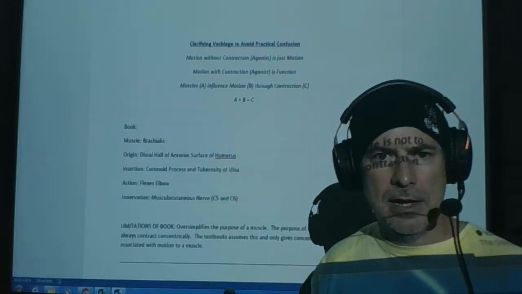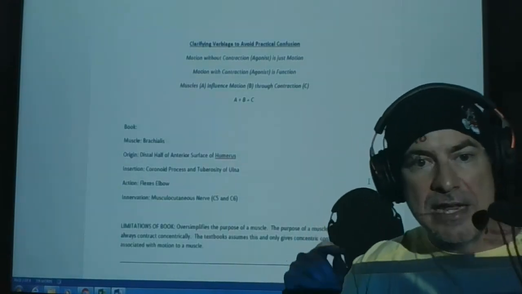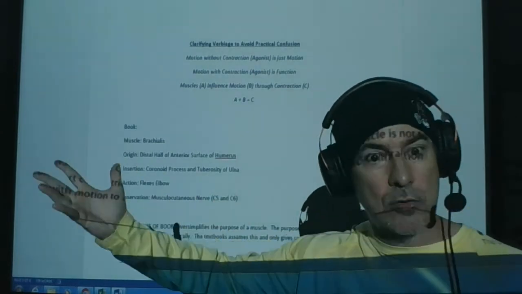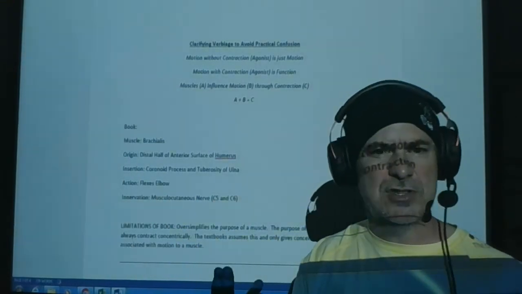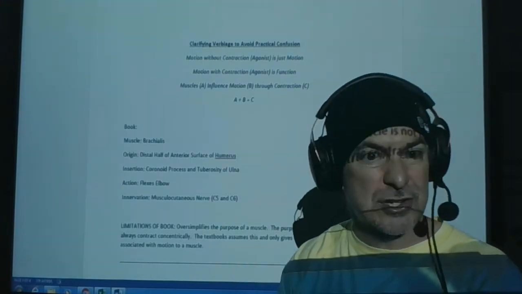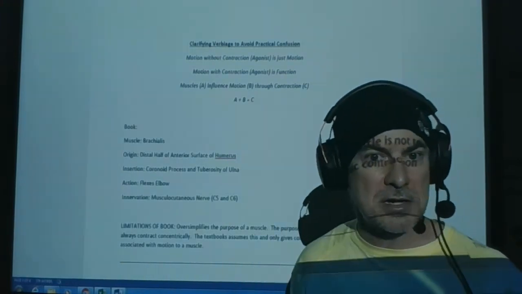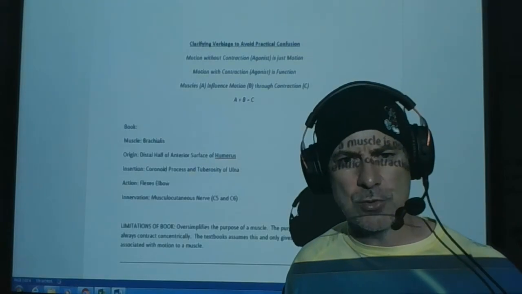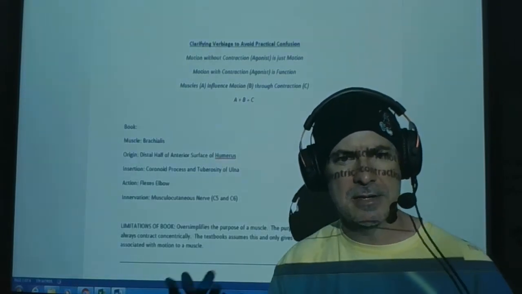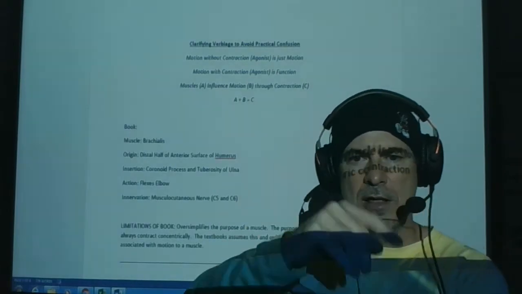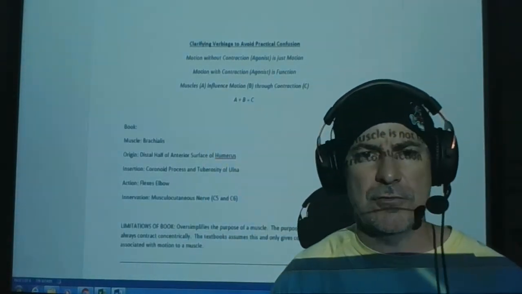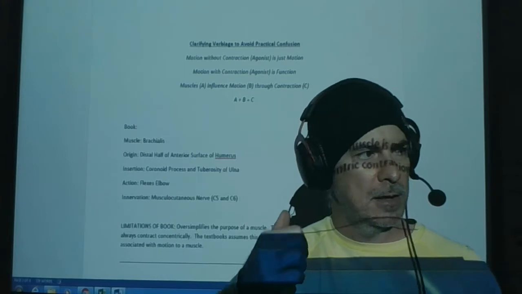Now, some of you will need to learn eventually in graduate school specific origins of muscles, insertions of muscles, innervations of muscles, what nerve innervates. But for an undergraduate biomechanics class, my thought is, what's the most important thing for people to know that encompasses all the different jobs you guys are going to have?